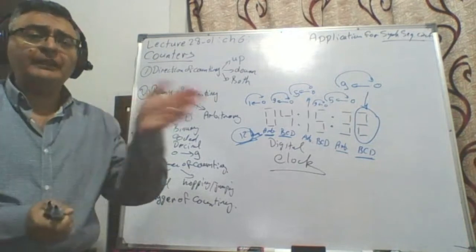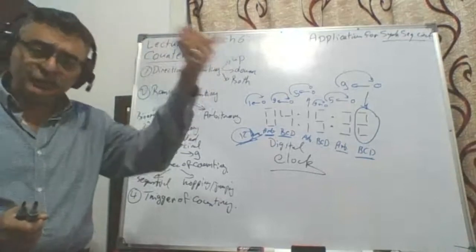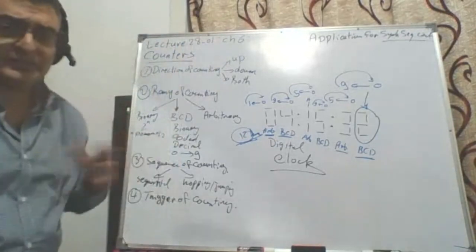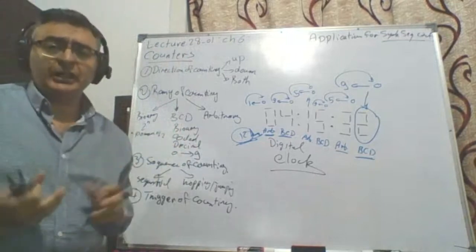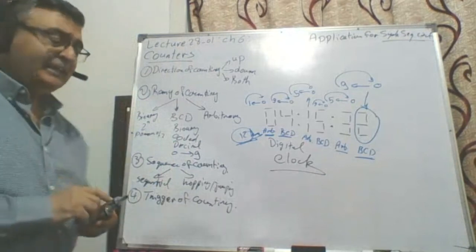When another car at the exit passes through the infrared, this will excite the counter to count down. So counting up or down here for this double direction counter for the parking lot, the excitation is external.